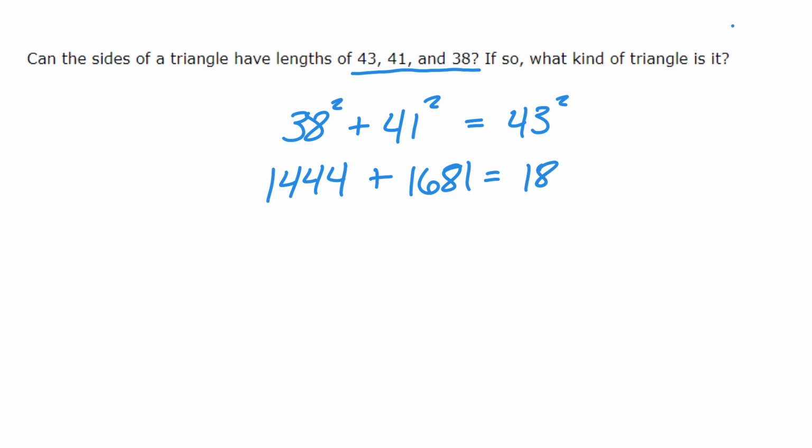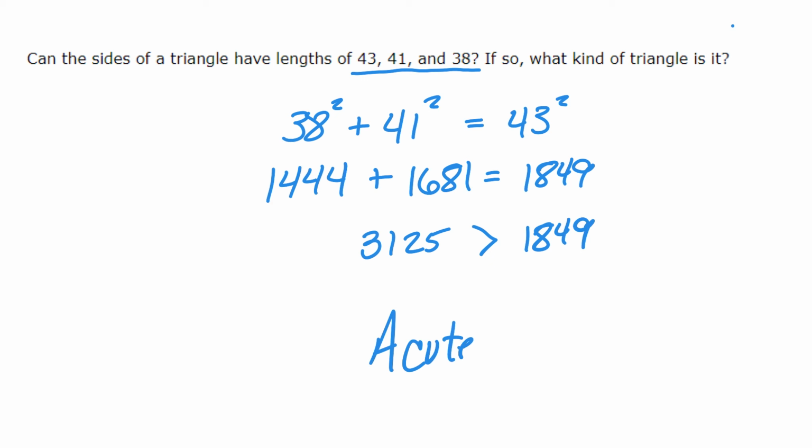And 43 squared is 1849. So when we add up our two terms on the left, we get 3125, which is considerably greater than 1849. So the little guys won. We have an acute triangle.